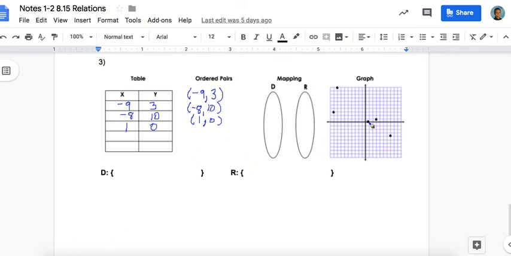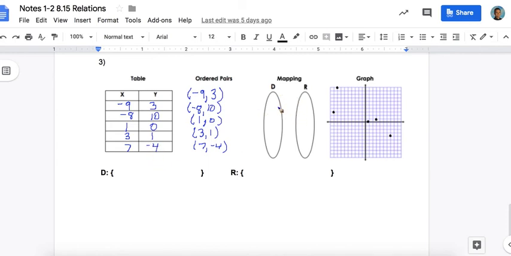Okay, and then this next one is going to be over 3 and up 1, which is 3, 1. And then we can slide that into the table. And then finally, we know this is 3, so 4, 5, 6, 7, and down 1, 2, 3, 4. So that would be 7, -4. And slide that over to the table.